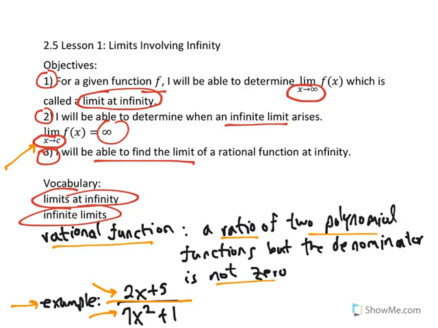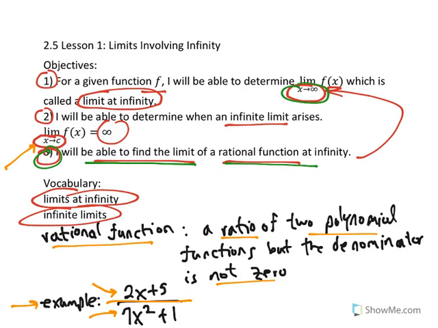You'll be able to find the limit of a rational function at infinity. So it's like objective 1, in which the input values are approaching infinity or negative infinity, and we want to see what's going on with the output values.